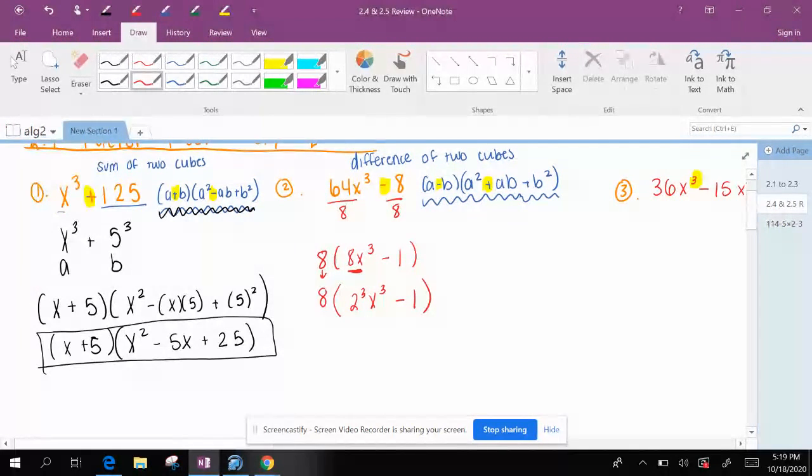Bring down that 8. Now I want to start plugging into my formula, but I don't really have a consistent a term yet. I have a 2 and an x here. So let's use that product rule. So I have 2x raised to the third, or the power rule, I should say. So now this can be my a, and this can be my b.